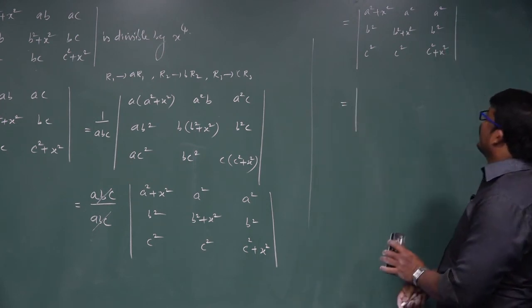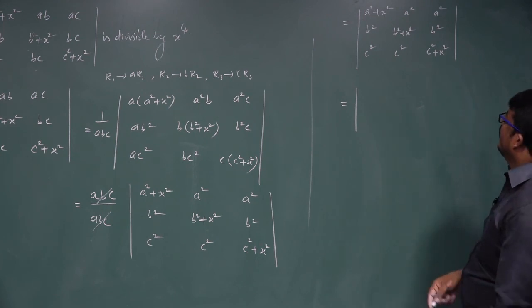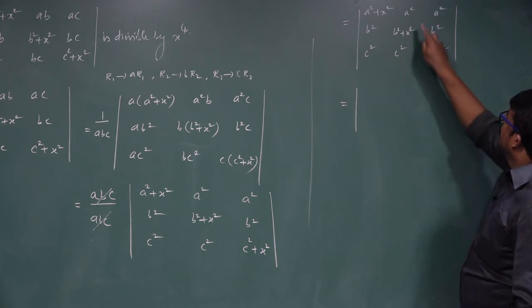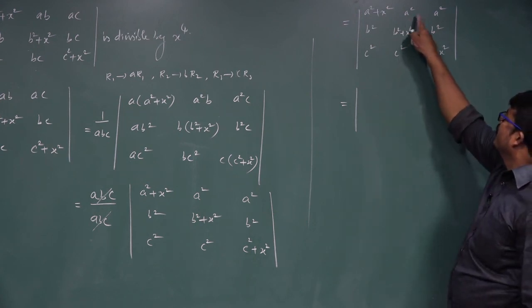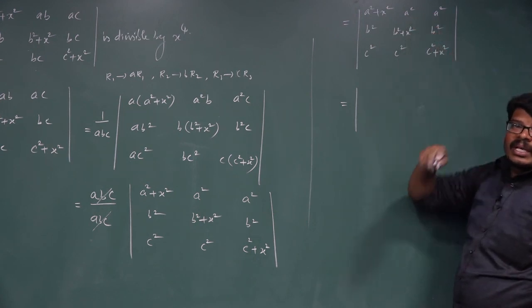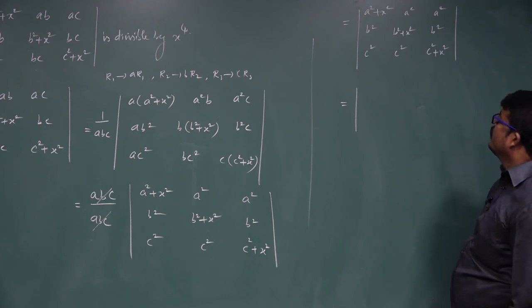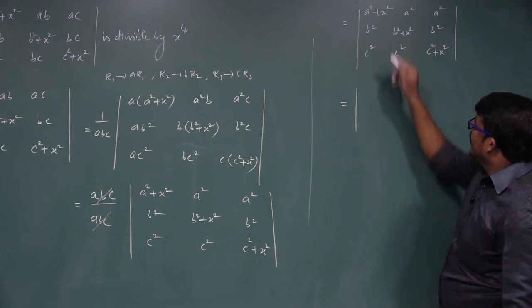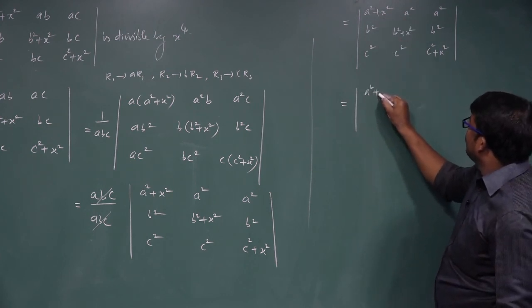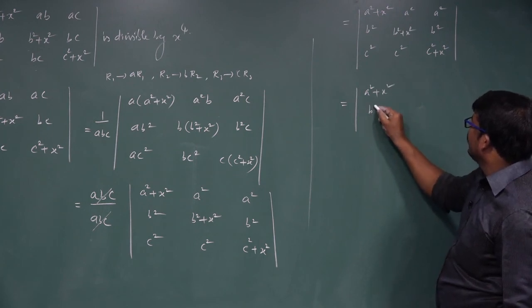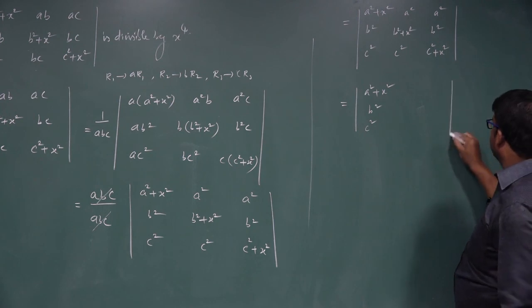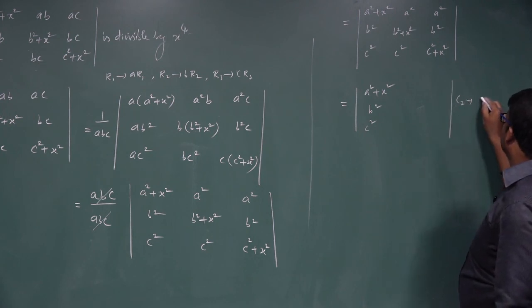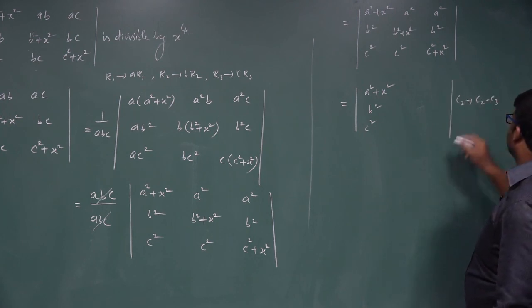Now reduce the determinant. The first column stays the same: a square plus x square, b square, c square. The second column, C2 becomes C2 minus C3.